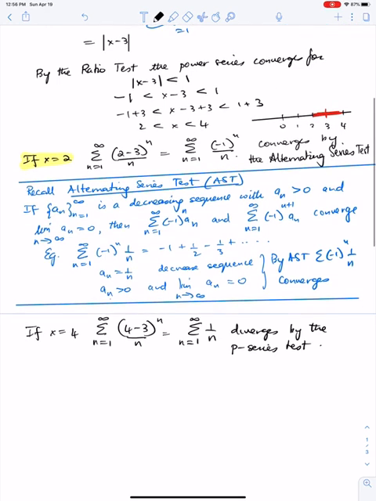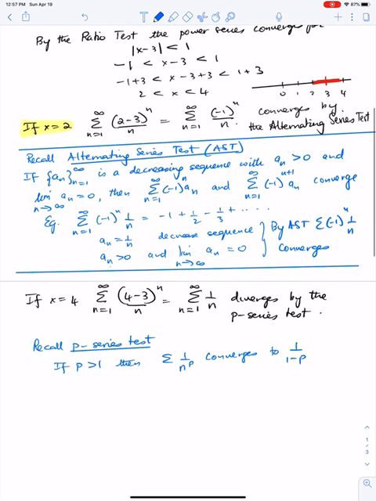Let me remind you of the p-series. If p is greater than 1, then summation 1 over n to the p converges, and in fact it converges to 1 over p minus 1. Sorry, I thought that was 1 over 1 minus p, but it's 1 over p minus 1.